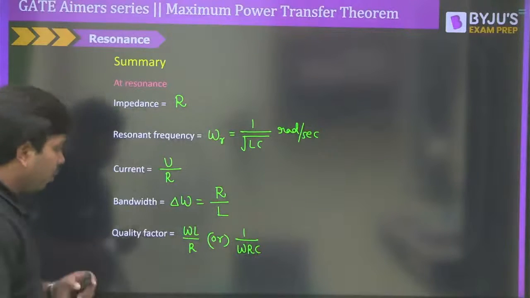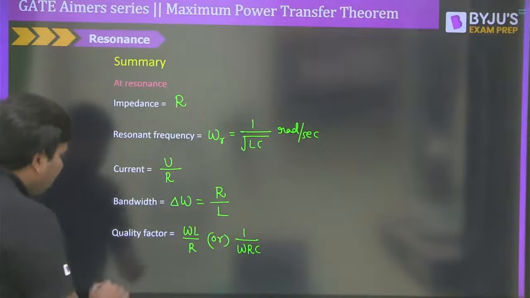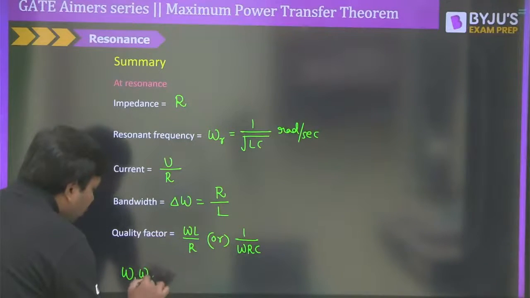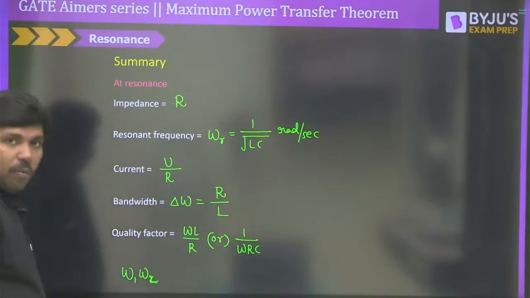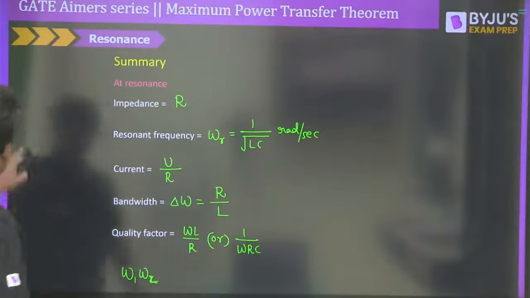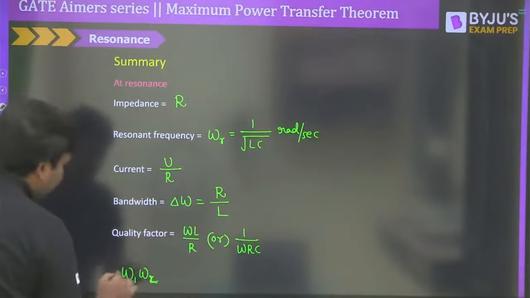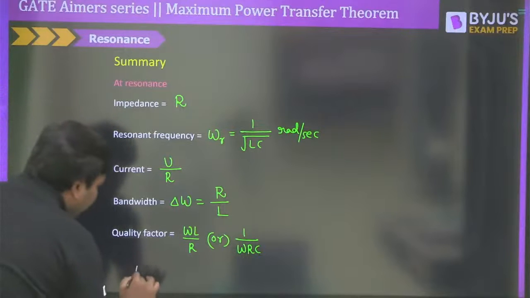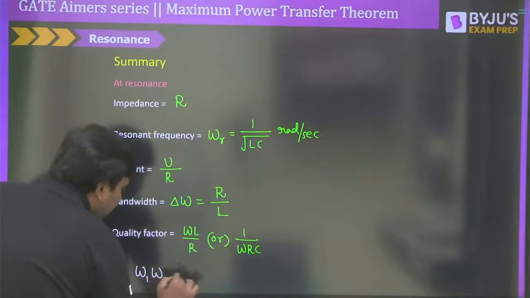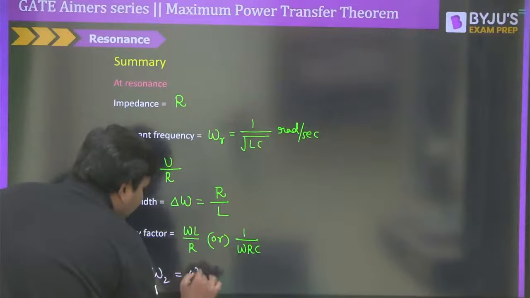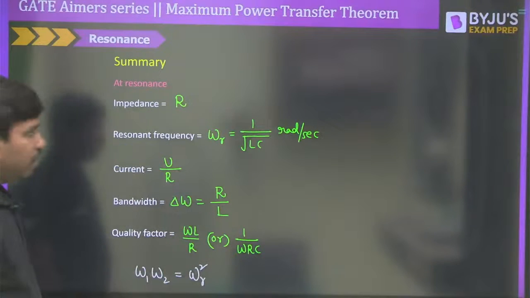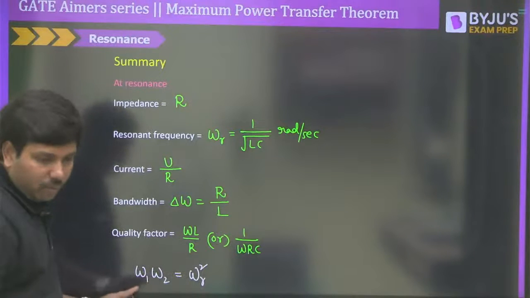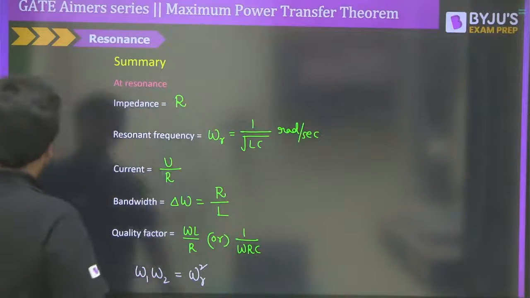And one more important fact, always try to remember: when we multiply omega 1 and omega 2, you will get omega R square. So this means we can say omega R is equal to under root of omega 1 into omega 2. Right? Well. That's why I am saying that.